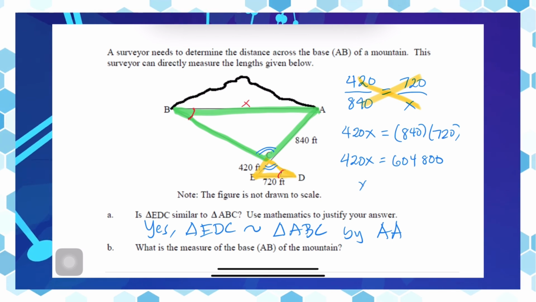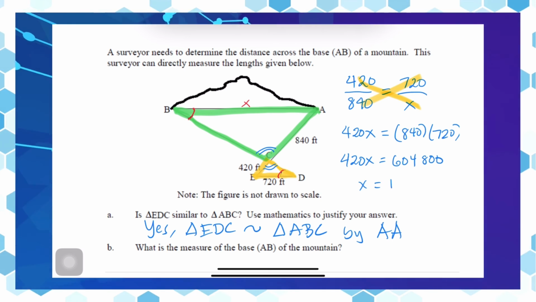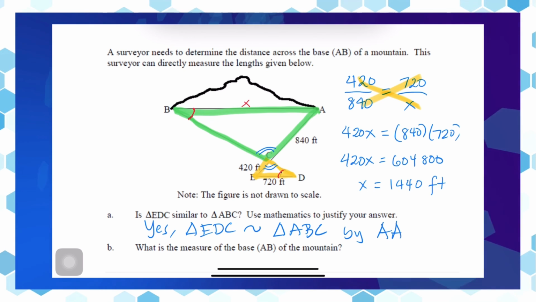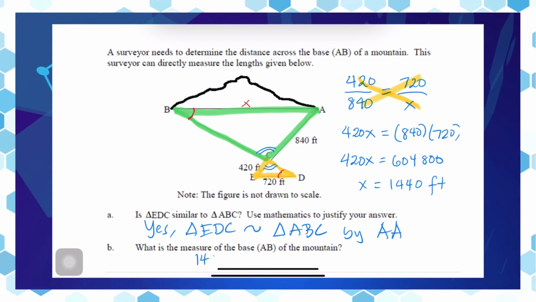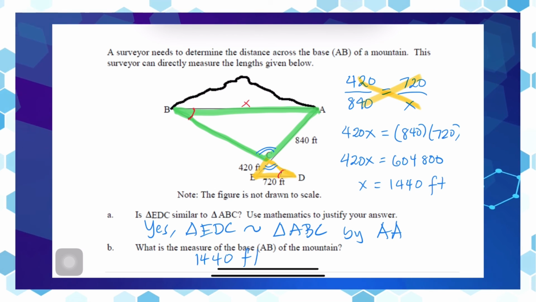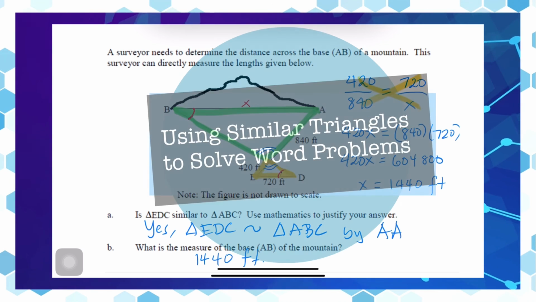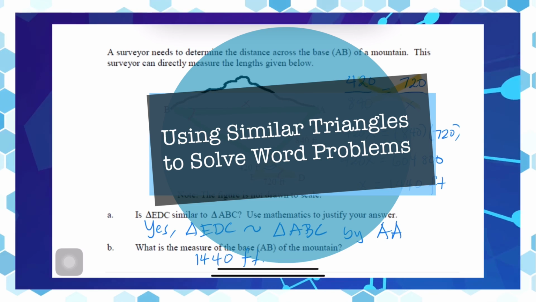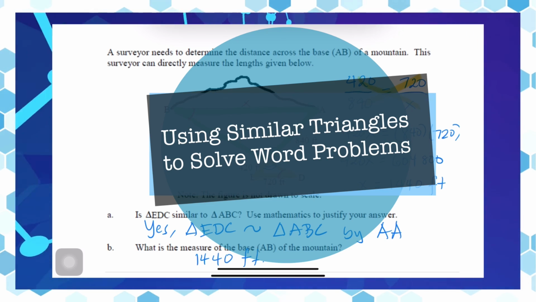Therefore, x is equal to 1,440 feet. So the measure of the base of the mountain is 1,440 feet. There you have it, using similar triangles in solving word problems.